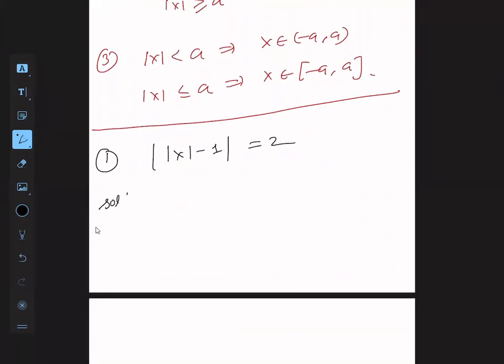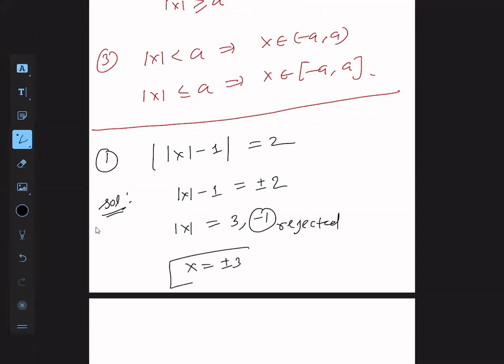As you know, if you remove the outer modulus, then there will be plus minus on the right hand side. So what is the value of mod x? This is equal to 1 plus 2, that is 3, and 1 minus 2, that is minus 1. But mod x cannot be negative, so this will be rejected. So x will be equal to plus or minus 3.